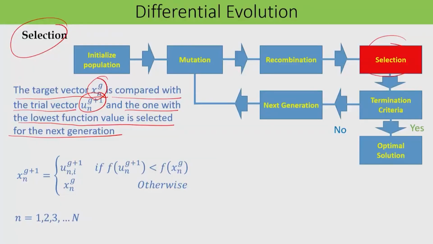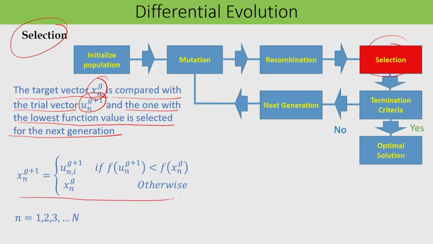We are now comparing the target vector with the trial vector. If the target vector is better than the trial vector, we will keep the target vector, but if the trial vector is better than the target vector, we will replace the target vector by the trial vector.